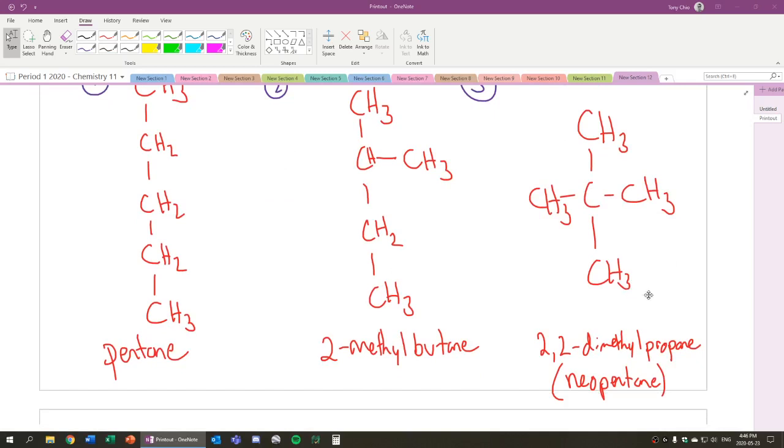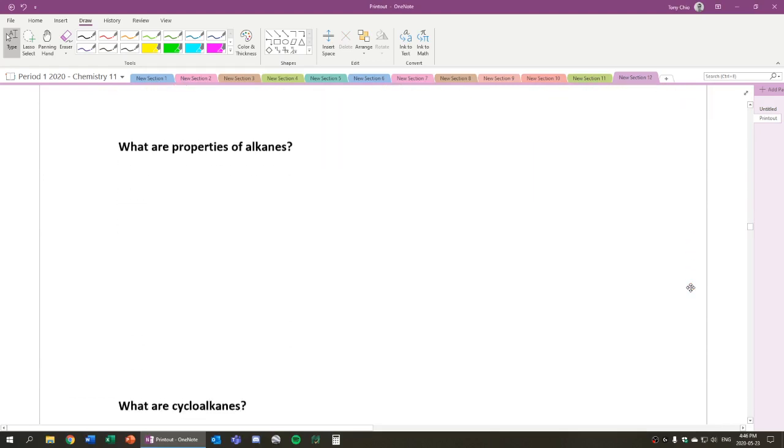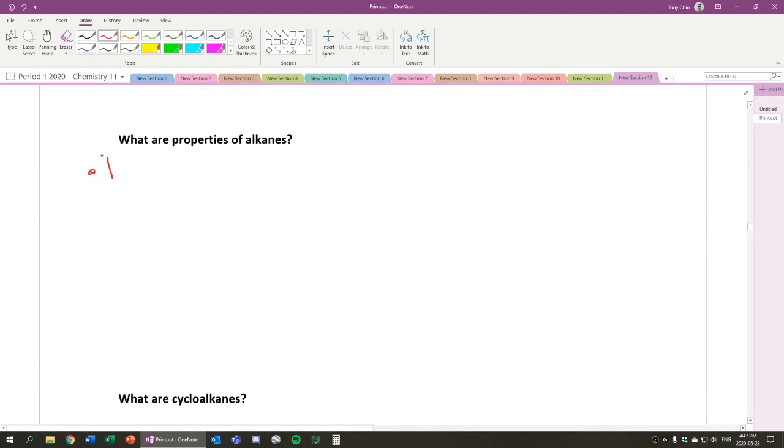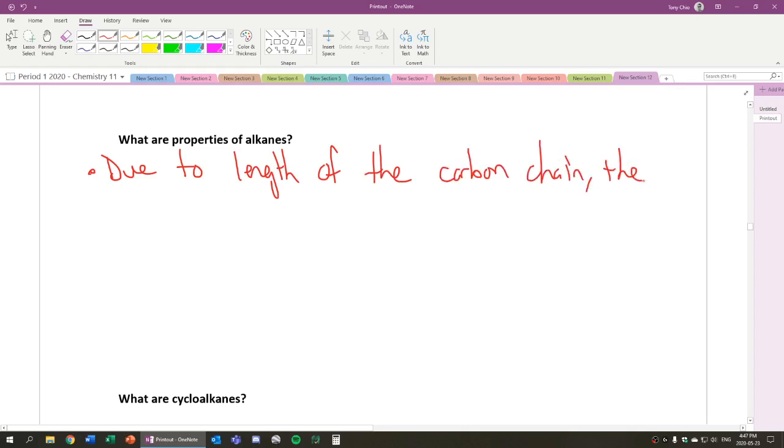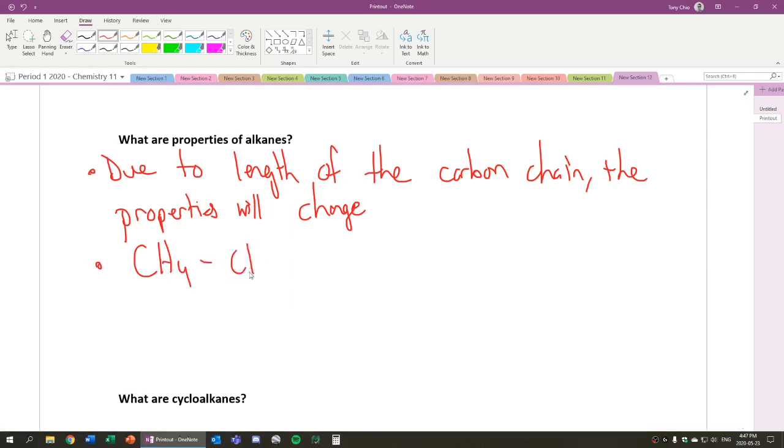What are the properties of alkanes then? So the properties of alkanes, well, they differ. Due to the length of the carbon chain, the properties will change. So for example, from CH4 to C3H8, these are gases.